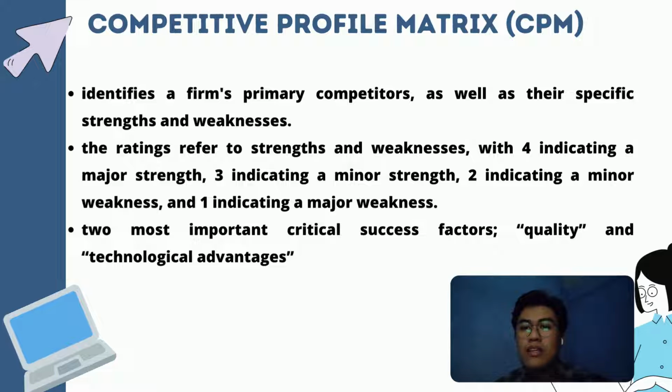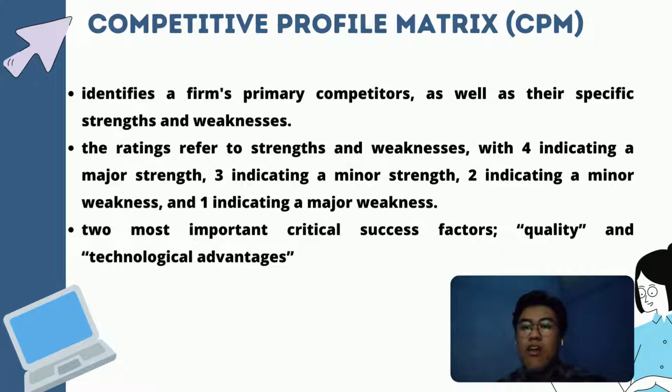Based on the table, the primary competitors of Apple Incorporation are Samsung Electronics and Lenovo Technology. It also shows the two most important factors for being successful in the industry, which are quality and technological advantage, as indicated by a weight of 0.2. This means that in this industry, companies are more concerned about quality and technological advantage in order to succeed.